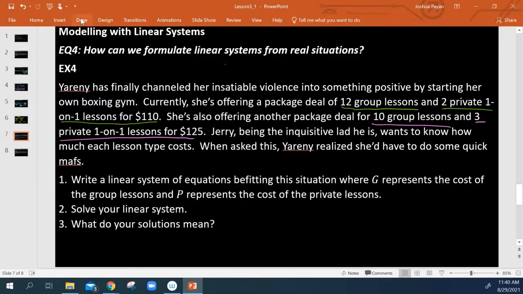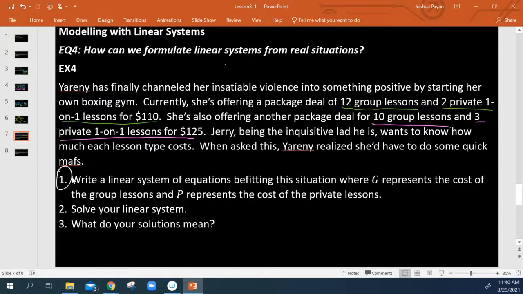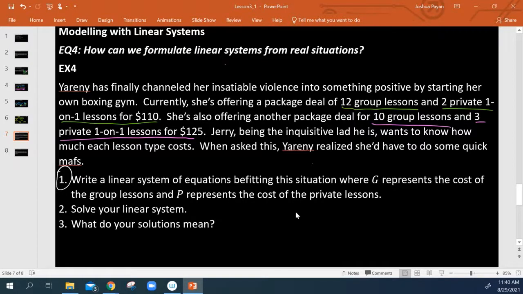So number 1 is asking us to write a linear system that represents this, and we can easily do that. G represents the cost of group lessons. So 12 group lessons plus the cost for the private lessons, 2 private lessons, says right here, and that's equal to $110.